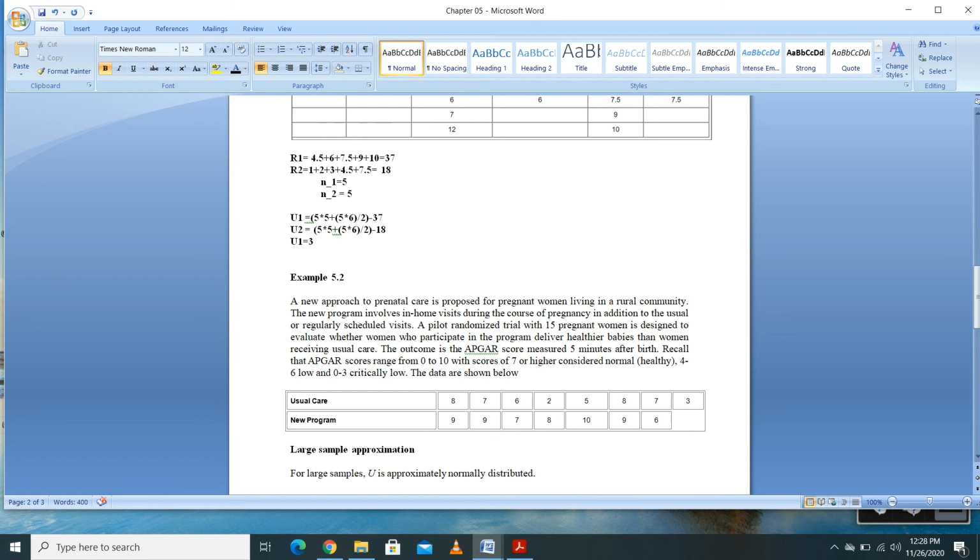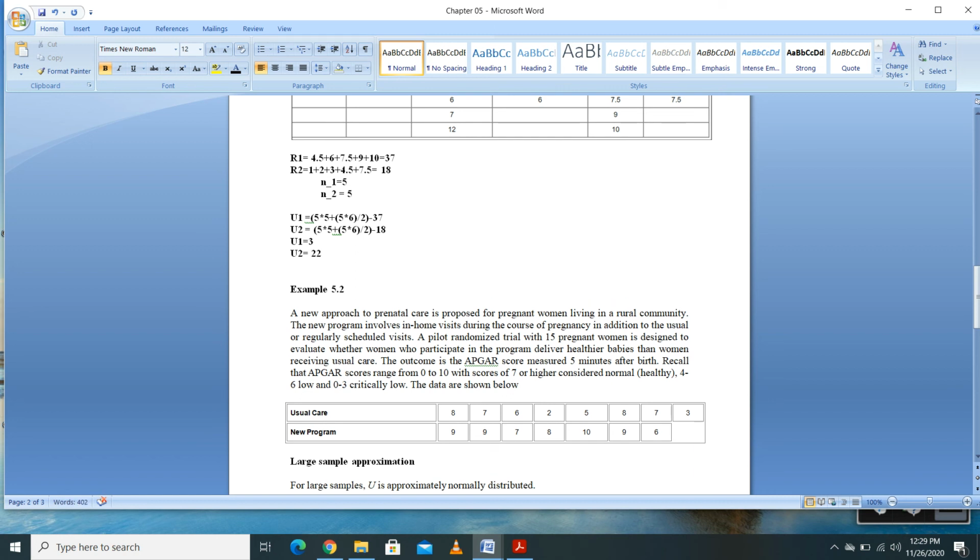And if you calculate the U2 value, that is again 5 into 5 is 25, 25 plus 15 is 40, and 40 minus 18 is 22. So as the test statistic Q, you have to take the minimum out of U1 and U2.